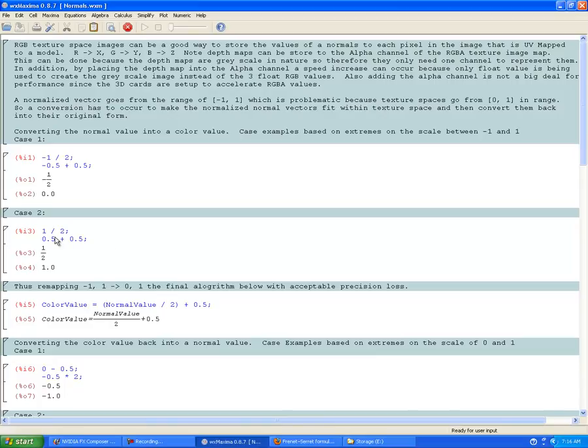Alright, so if I take 1/2 of 1, I get 1/2. And if I say 0.5 plus 0.5, guess what I get? 1. So we go from -1 to 0 and from 1 to 1. Perfect. I have remapped this one as this one.